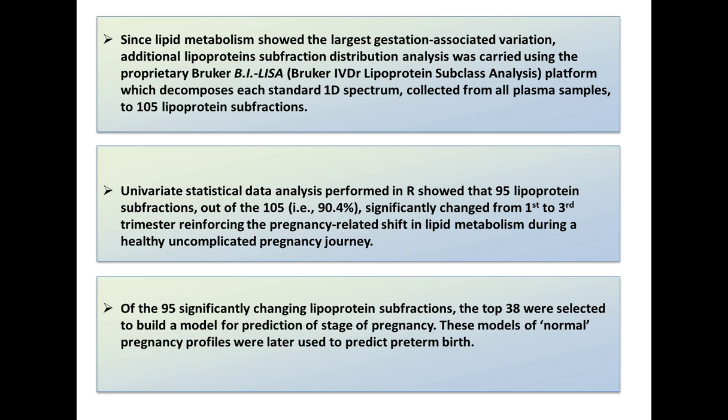So since lipid metabolism showed the largest gestation-associated variation rather than the small molecules here, what we did was to do an additional lipoprotein subfraction distribution analysis, and we used the BI-LISA platform to do that. So we looked at 105 lipoprotein subfractions. If you perform univariate analysis on this, then 95 of those lipoprotein fractions are different or shift in metabolism during a healthy, uncomplicated pregnancy journey.